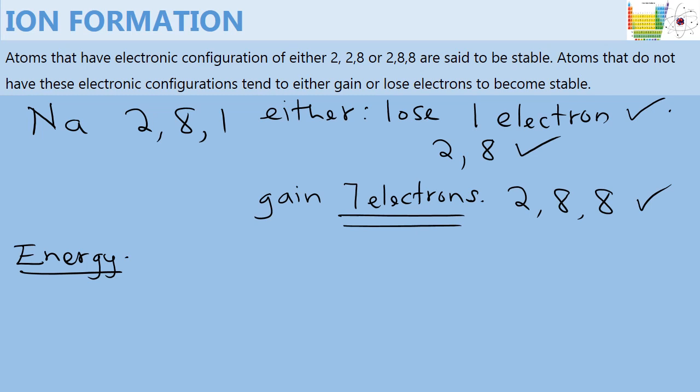But it is easier for sodium to lose 1 electron than to gain 7, because losing 1 electron requires less energy compared to gaining 7.